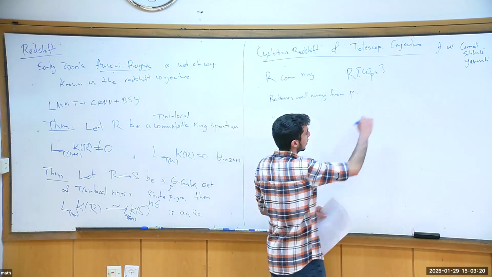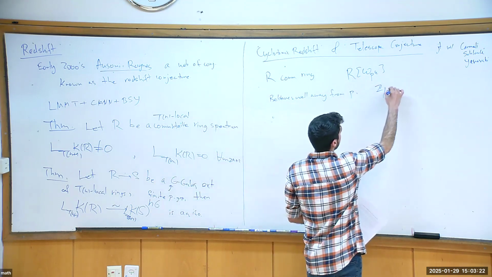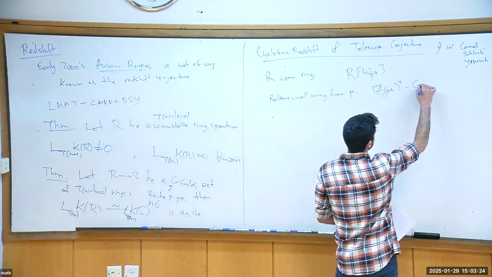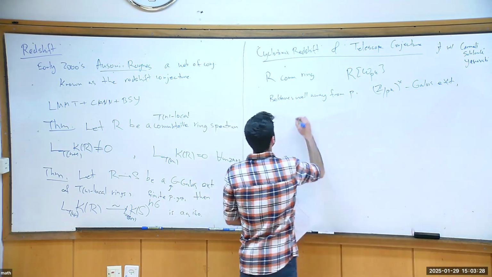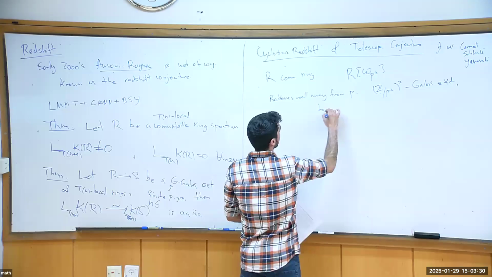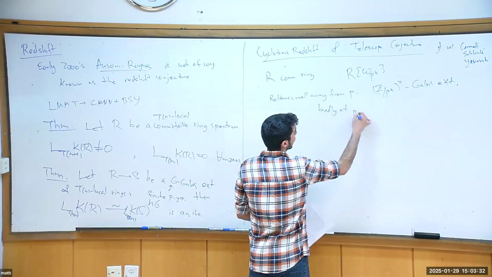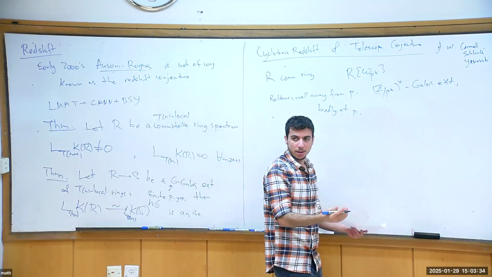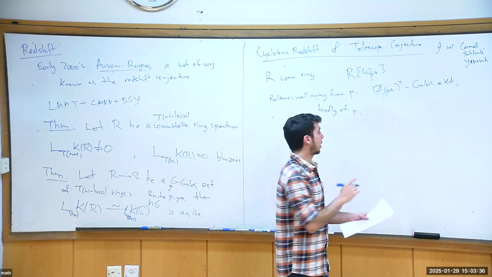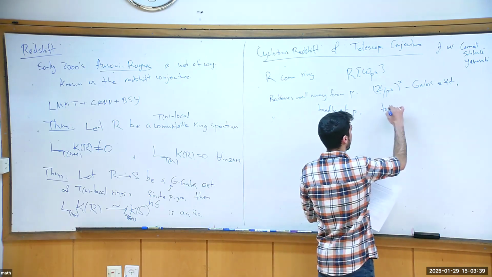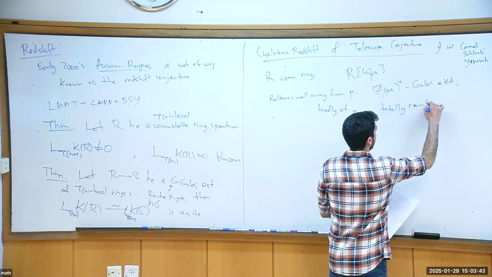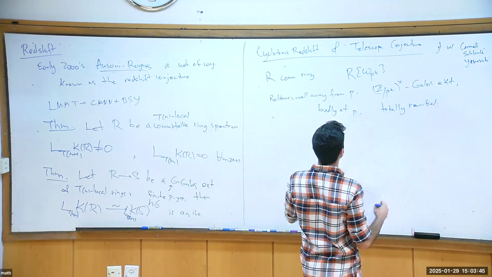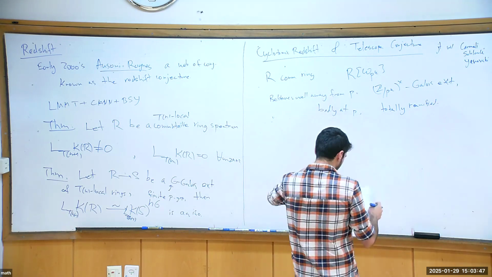For example, it is a (Z/p^k)^* Galois extension. And badly at p, for example, if you work with R = F_p, this is totally ramified, right? So it behaves in a much nicer way away from p.